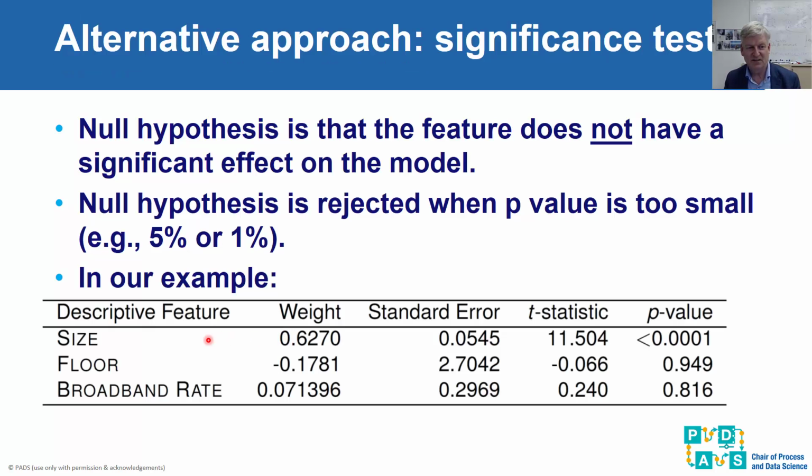So we do that, and if we look at our example, then we can compute these p-values obtained by inspecting every individual variable, and then you can see that the p-values for floor and broadband rate are pretty high, and only for size we find a very small value.